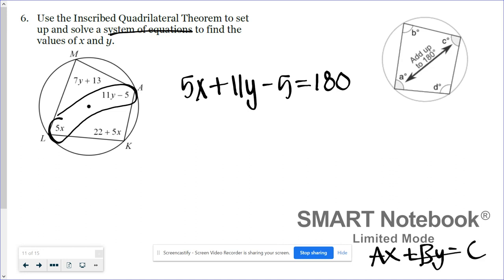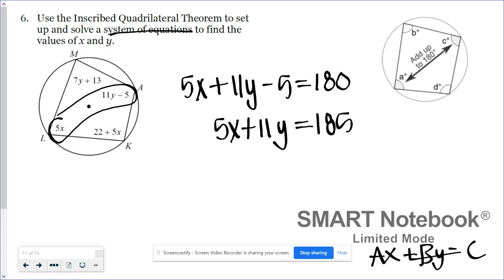Because one of the methods of solving systems is elimination, and for elimination you want them both to be in standard form before you go about eliminating anything. So I'm just going to add 5 to both sides to get the nice standard form equation here.